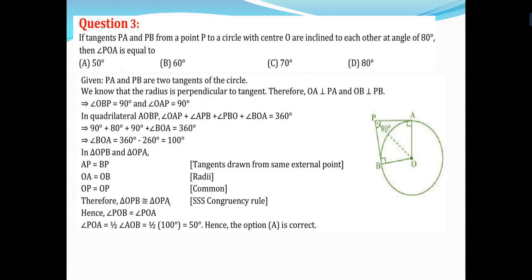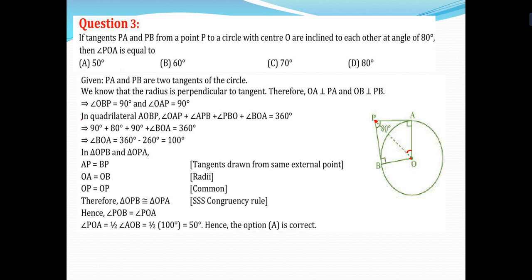If tangents PA and PB from a point P to a circle with center O are inclined to each other at angle 80, then find POA. So if you will see that P, then O and A, we have to find out this.